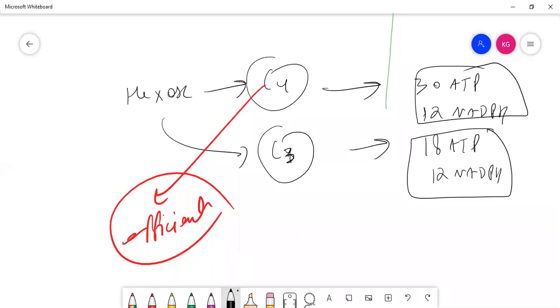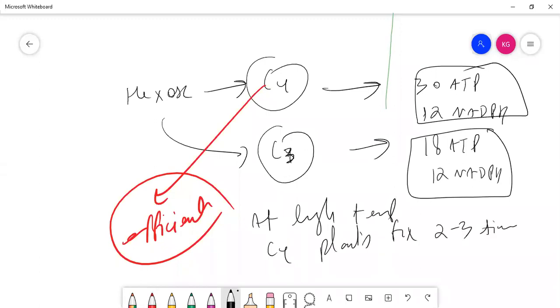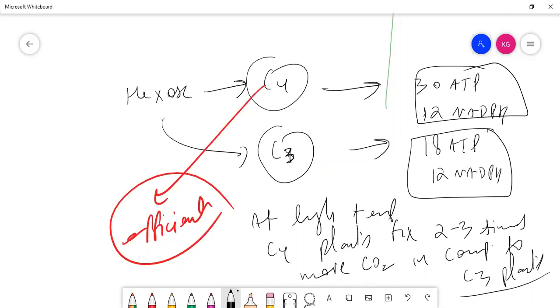At high temperature, these C4 plants can fix 2 to 3 times more CO2 in comparison to C3 plants. That means they are more efficient, but at a certain cost. Is this clear or not?